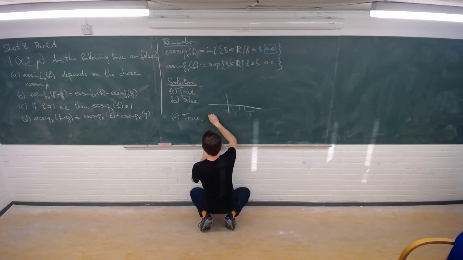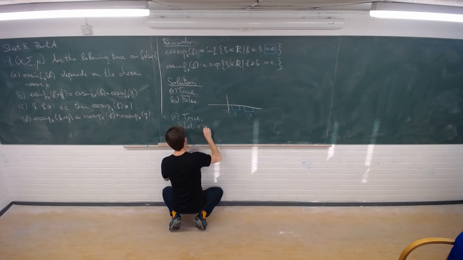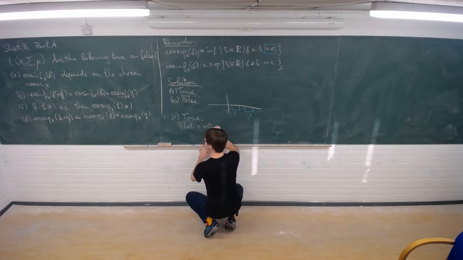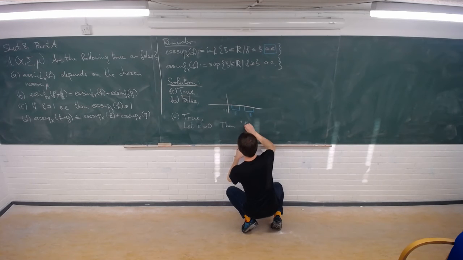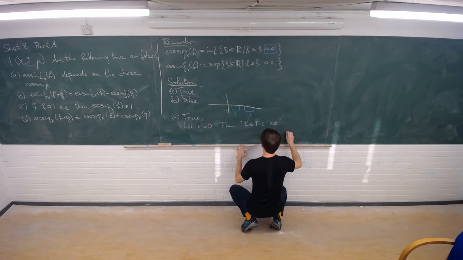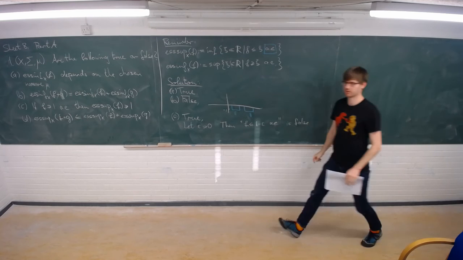This should work. So let's try and write this down. Let's take some positive epsilon. Then the statement f less than or equal to 1 minus epsilon almost everywhere is false, right?